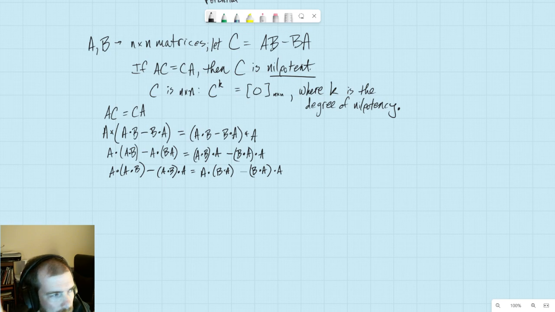So the only thing we've really managed to do here is replace C with BA on this side and replace C with AB on this side, but that doesn't do anything.